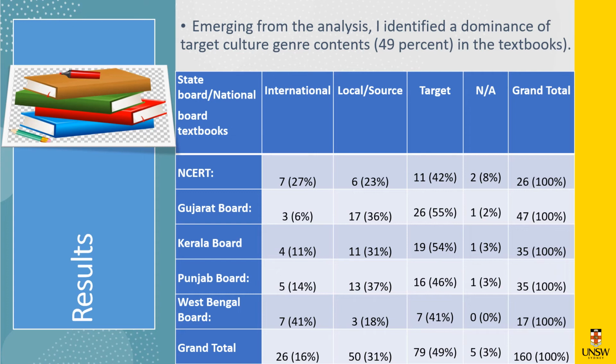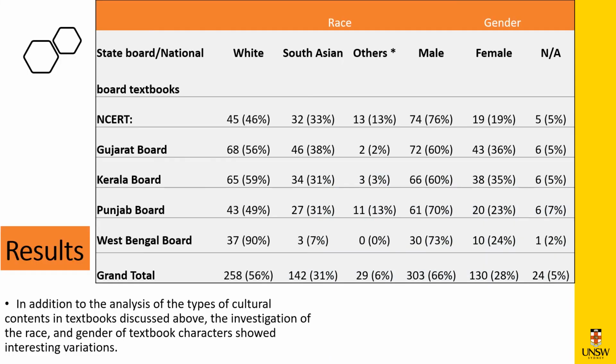I identified a dominance of target culture genre items, 49% in the textbooks. Most boards had over 40% of target cultural items. I found that the white racial group is dominant, 56% in the 10 textbooks, which was followed by South Asian, 31%.